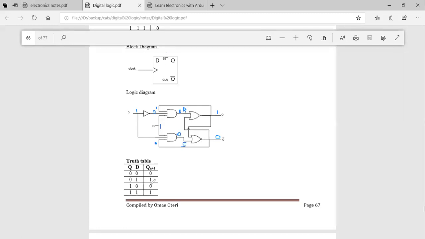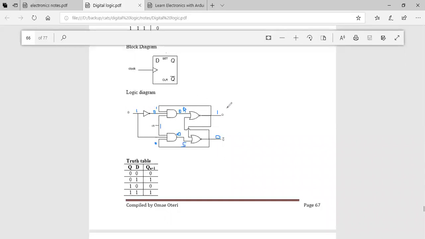Please note that the D flip-flop from this diagram transfers the input to the output. If the input here is 1, then the output will be 1. If the input here is 0, what will be the output? 0. We said this device, if you give it a 1 input, transfers to output. If you give it a 0, it transfers to output. If this is 1, this will be 1.